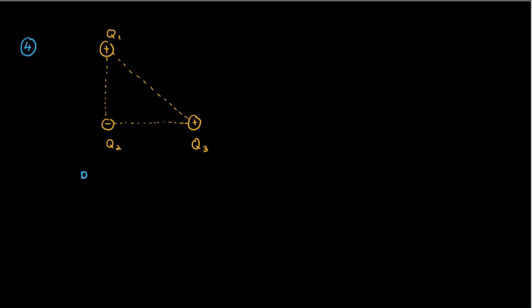The question asks you to draw the direction of electric force on charge Q2. So please refer to the word "on." On means on what charge, so on charge Q2. So your focus is on charge Q2 only, but due to Q1 and Q3.